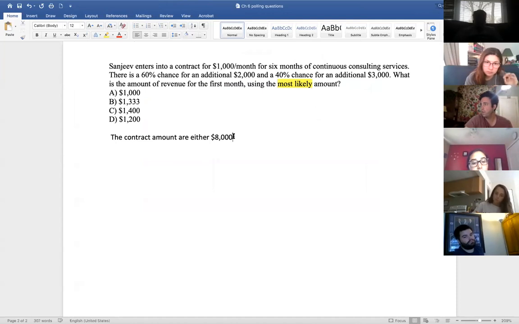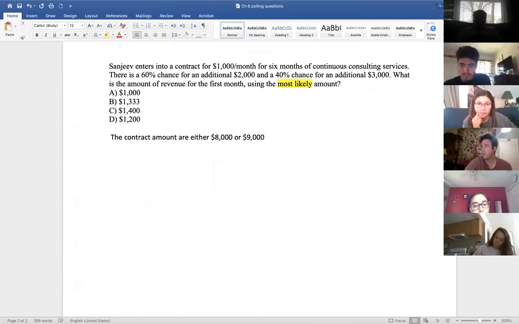And which one is the most likely that I'm going to have, either 8,000 or 9,000? 8,000. The 8,000 is the one that is most likely. So we don't have to apply the percents like we do in expected value. So the most likely amount is 8,000.